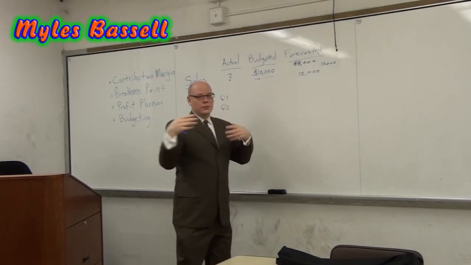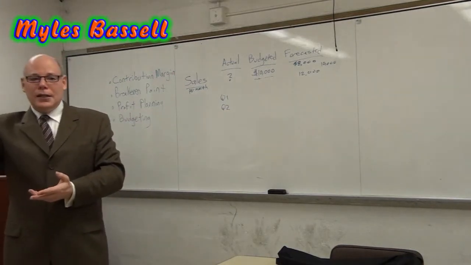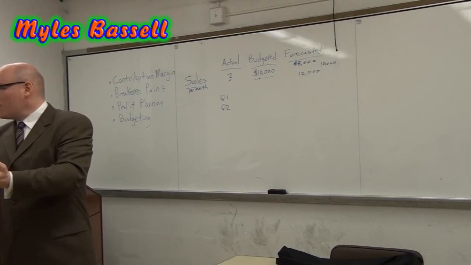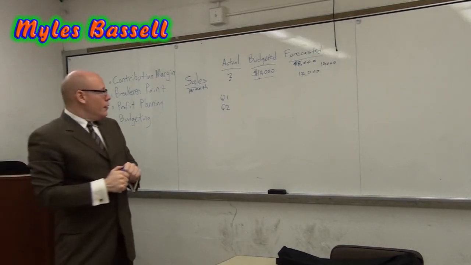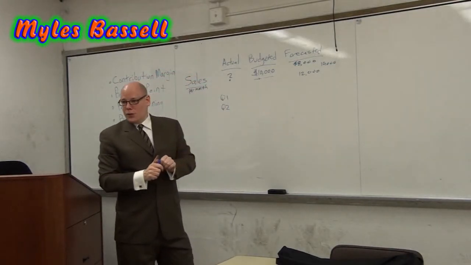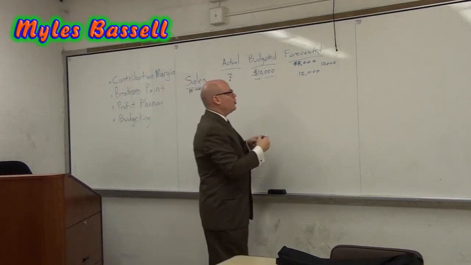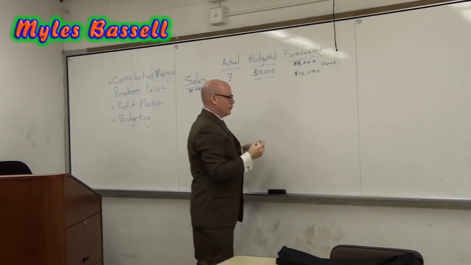Or maybe we actually found out that although we didn't get distribution at Target, we're actually going to be able to sell the product at Walmart. And Walmart has more than 2,500 locations. And therefore, we're going to change our forecast to $12,000 per month.